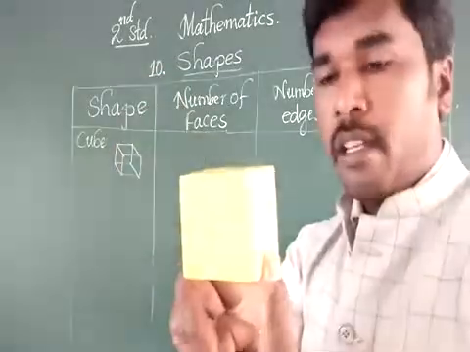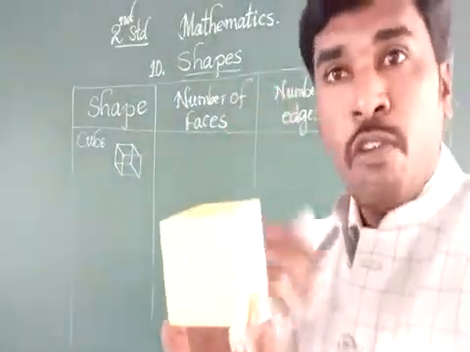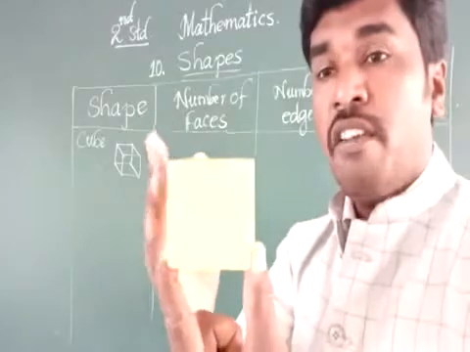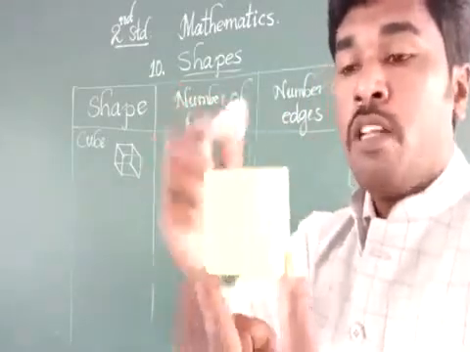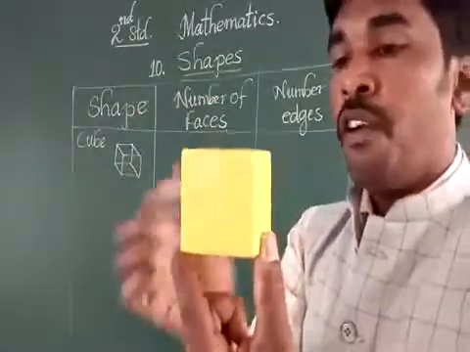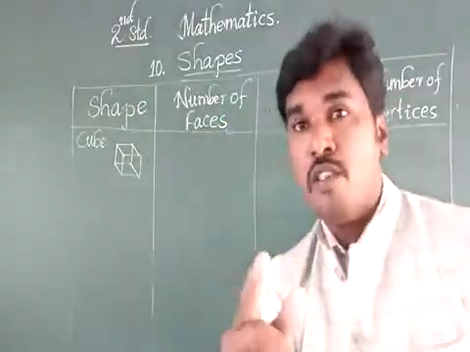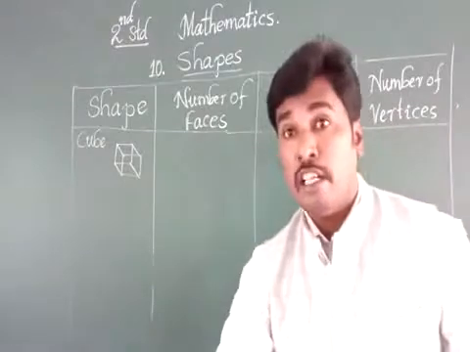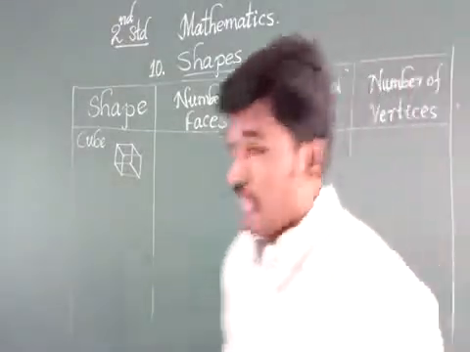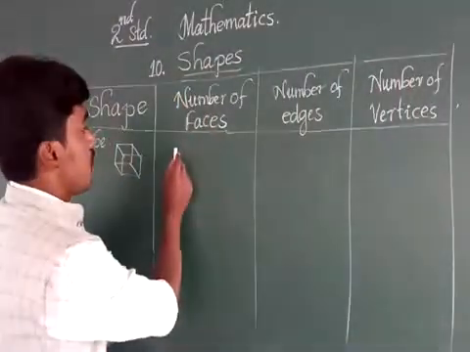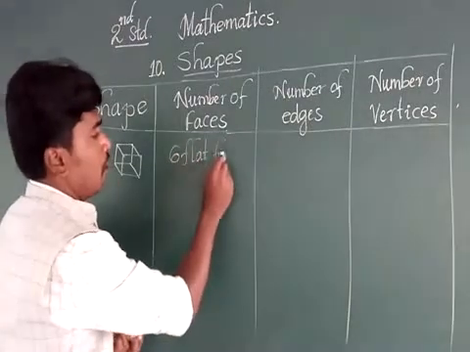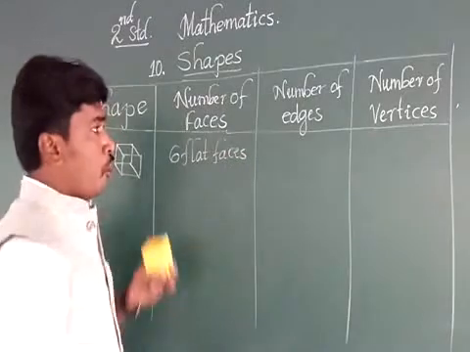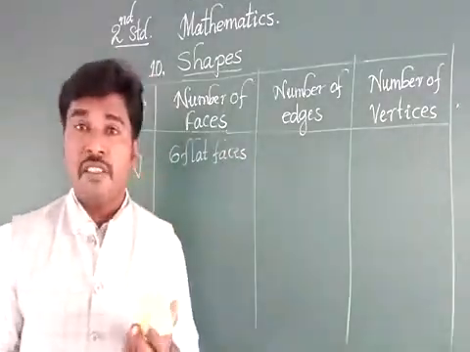Front and back, 2. That means 2 plus 2, 4. And the left side and right side, that makes 1, 2, 3, 4, 5, 6. A cube has 6 flat faces.